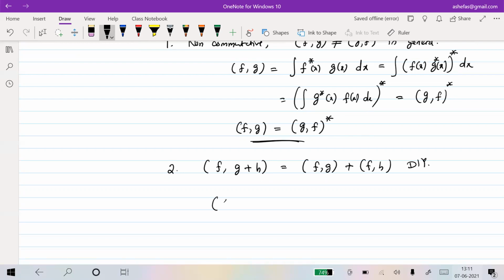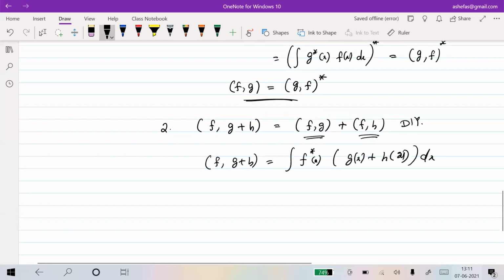What is the inner product (f, g plus h)? It is the integral of f star of x times g of x plus h of x dx. Now expand it. We can take two integrations. One integration would give the inner product (f, g), the other would give the inner product (f, h). So it is very simple to prove yourself.